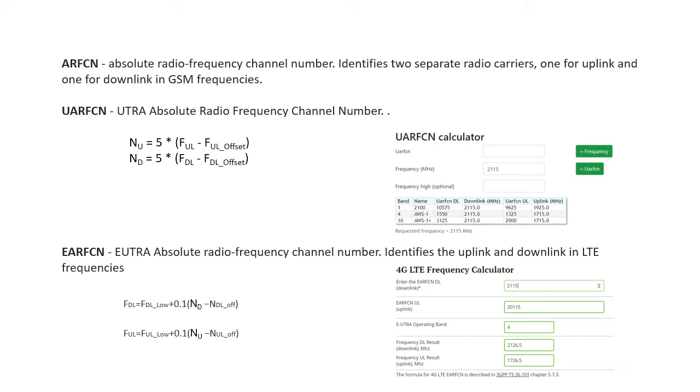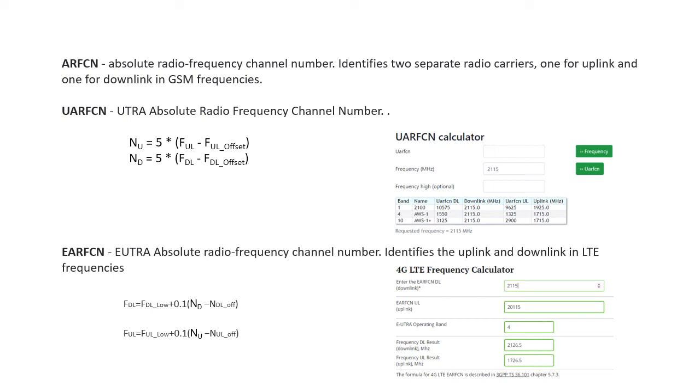What we need to do here is to identify the offset frequencies from the 3GPP specifications, but of course in the exam these numbers will be given to you. Once you have that, and you identify the working uplink or downlink frequency, you will get your ARFCN. Or the other way around, if you have the ARFCN, you can determine your frequency of uplink and downlink.